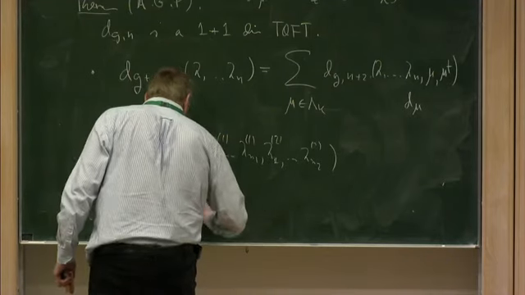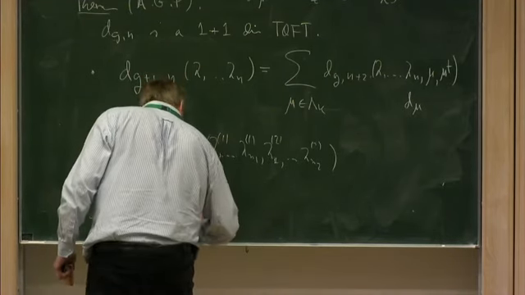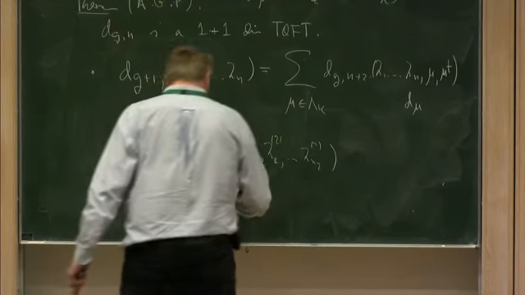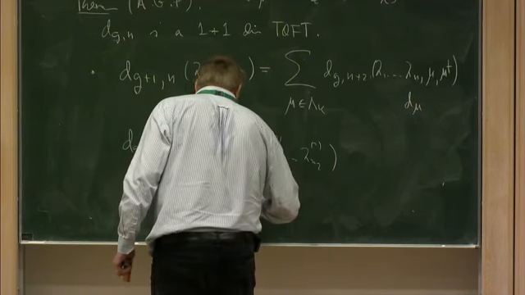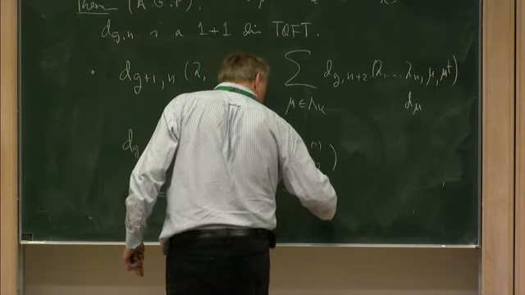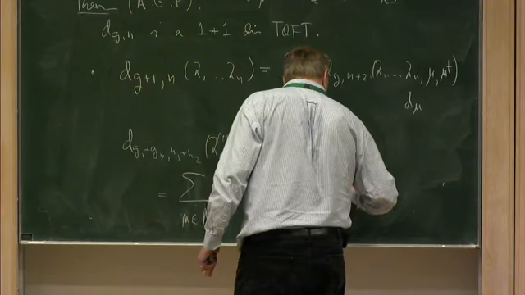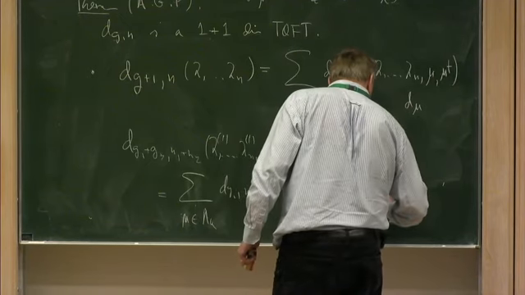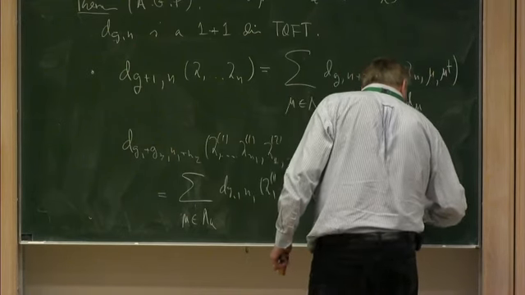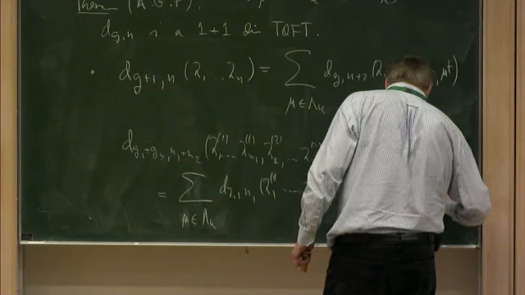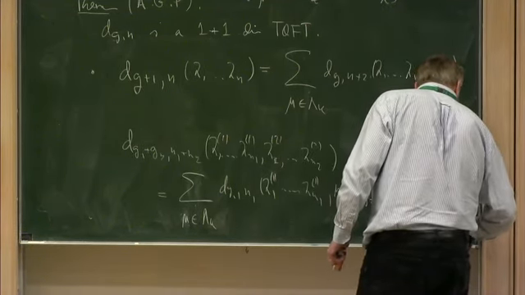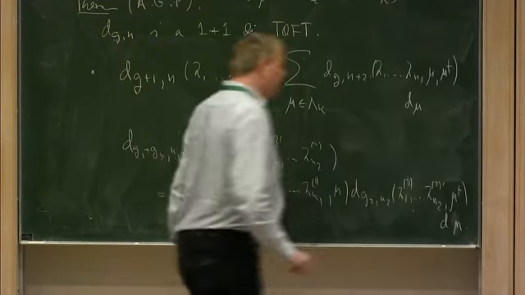So I get the sum over the label set, again μ, of d_{g1,n1}(λ1 up to λ_{n1} of 1, μ) times d_{g2,n2}(λ1 up to λ_{n2} of 2, μ star), and then again d_μ. This is the correction factor for the gluing.